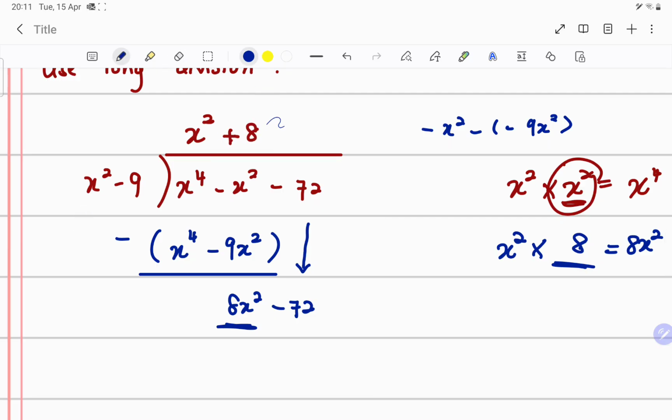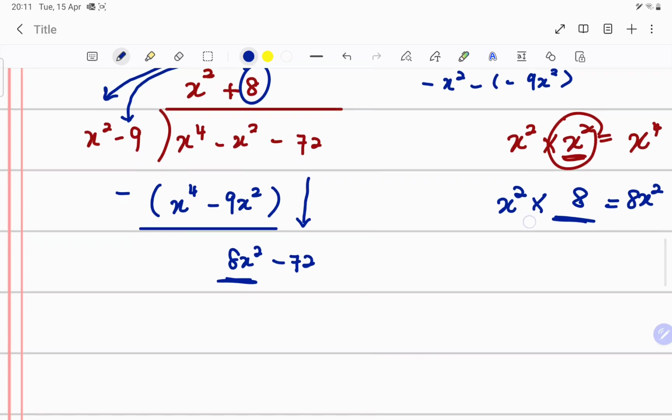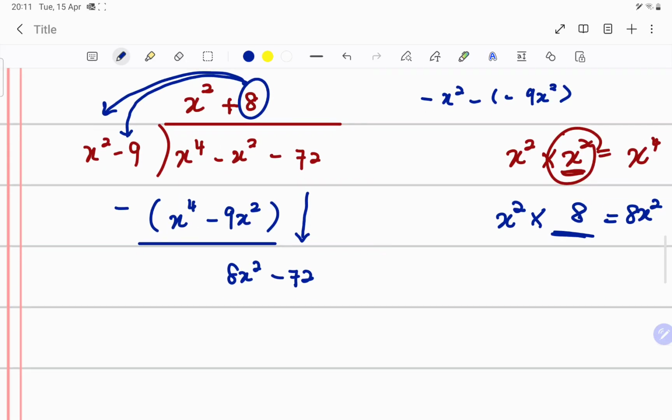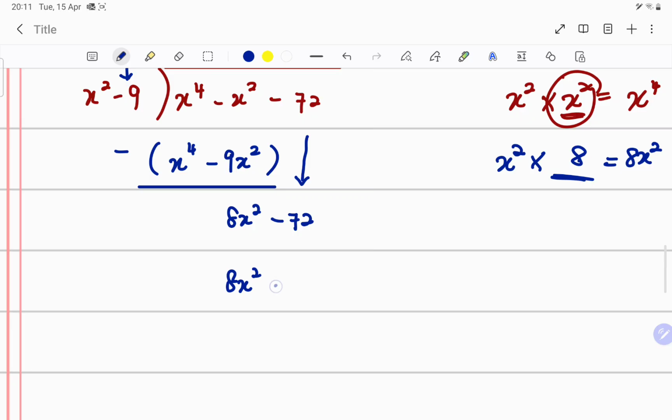Then what you need to do is multiply this through. 8 multiplied by x squared gives 8x squared. 8 multiplied by negative 9 gives negative 72. So put bracket minus. This is the same thing, right? So the answer is 0.